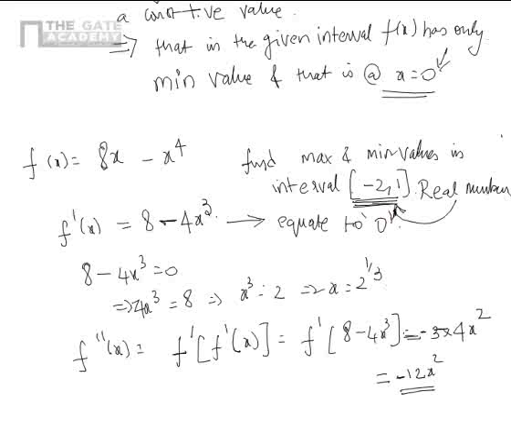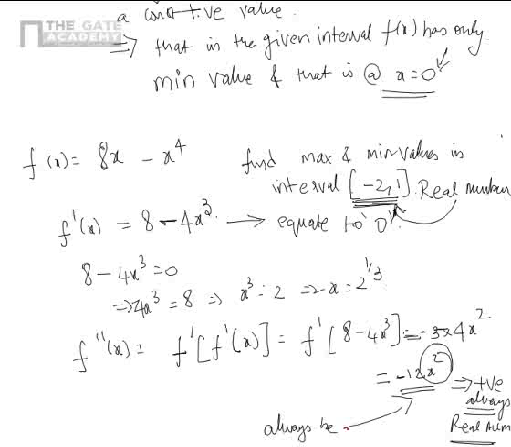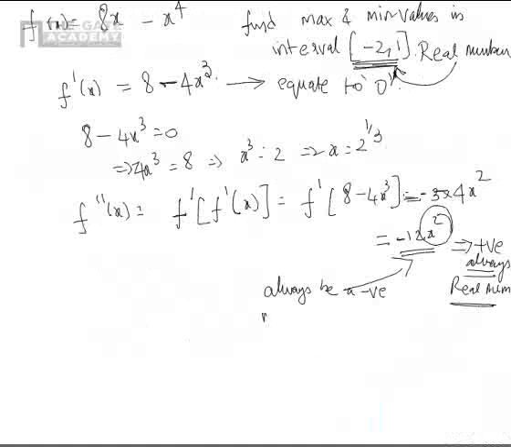So x square is definitely going to be positive always, because we are talking about real numbers. Correct? So minus 12x square will always be a negative number if x is real number.